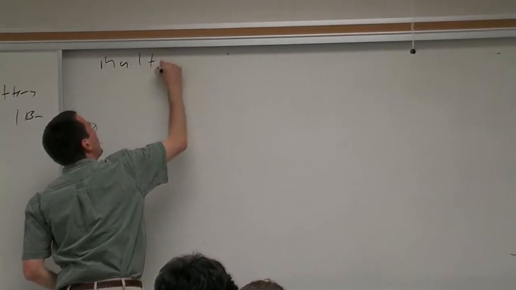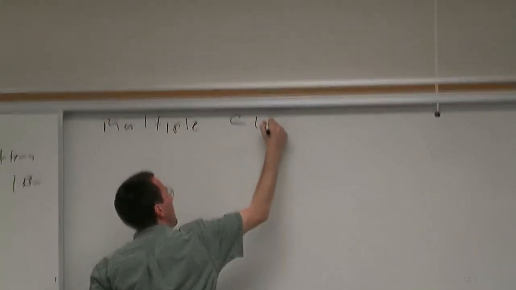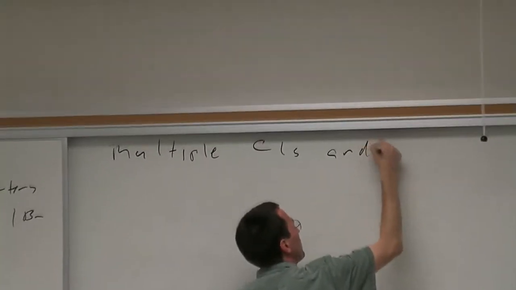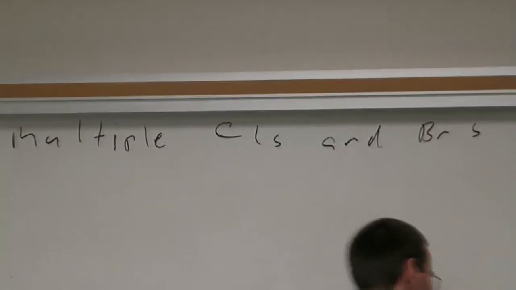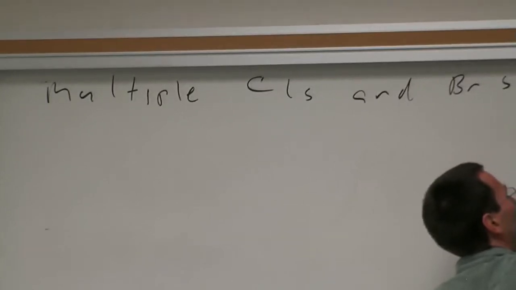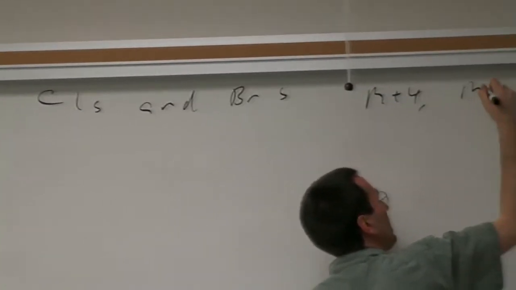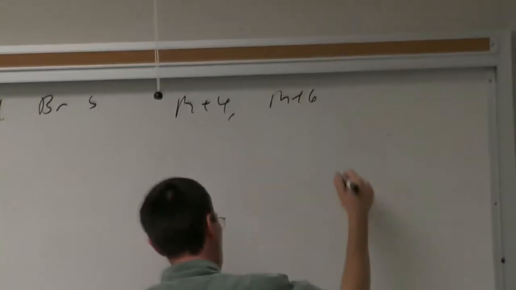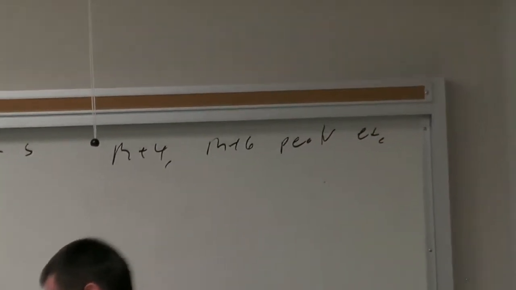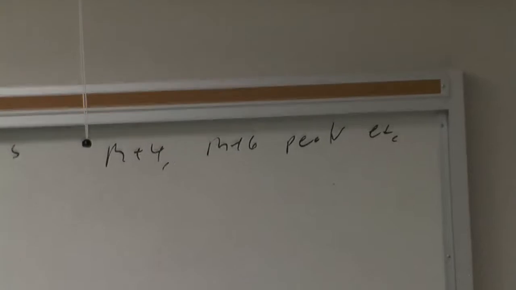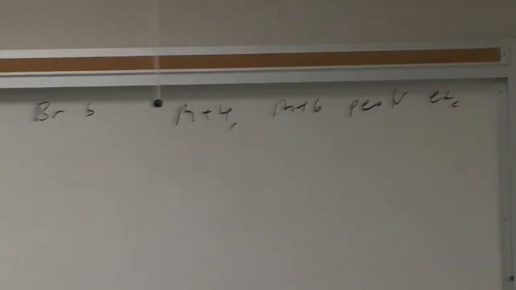So if you have multiple Cls and Brs, you can have M+4, M+6 peaks, etc. So for example, you will get different patterns.